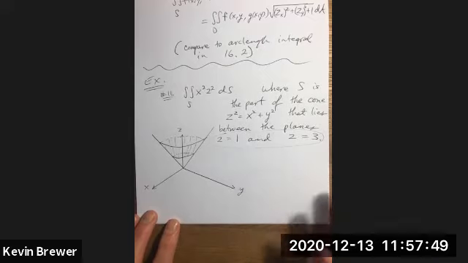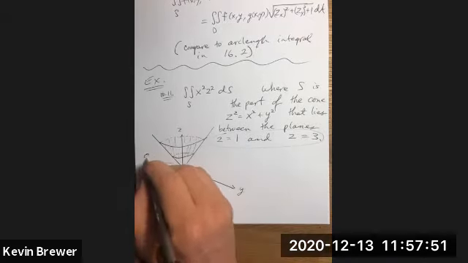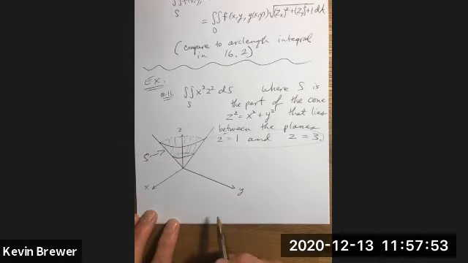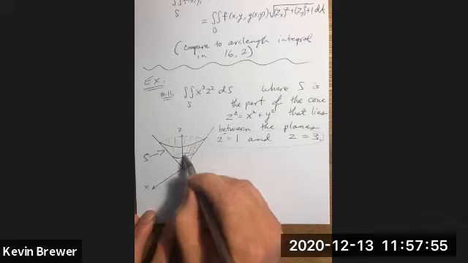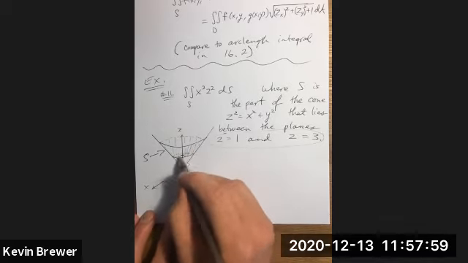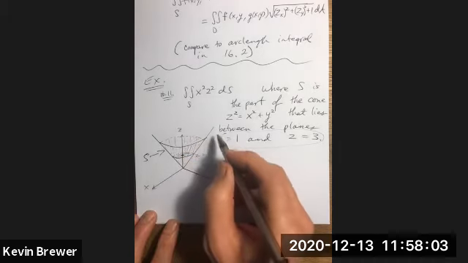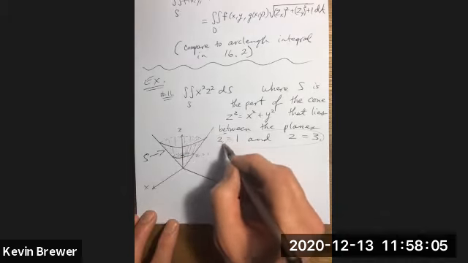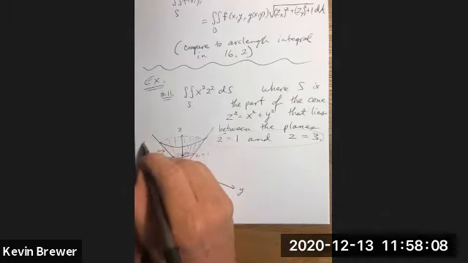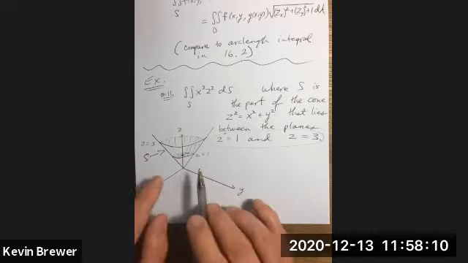So the surface S is that part of the cone that lies between z equals 1 and z equals 3.